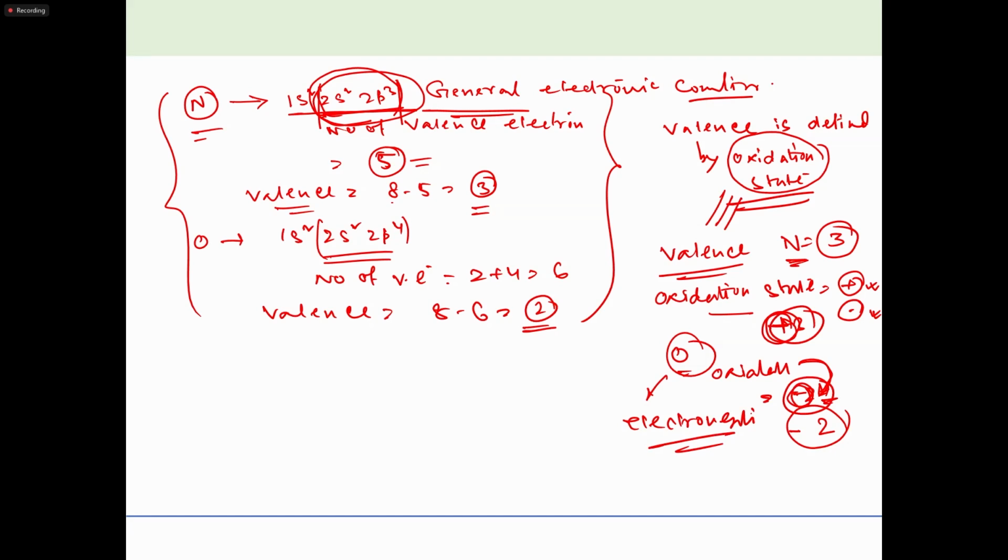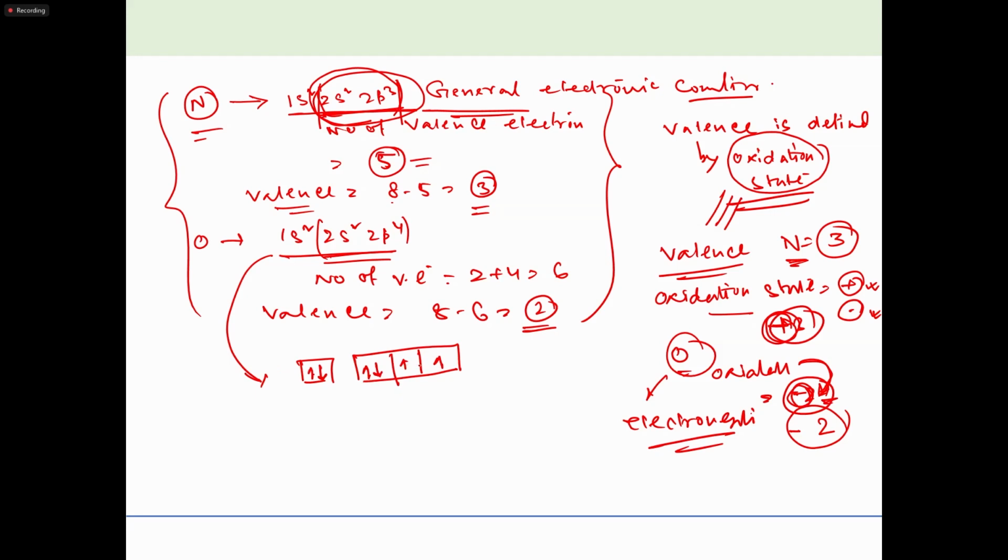There is a reason. If you see the electronic configuration, I am just writing here the valence electronic configuration. This is 2s2 and this is 2p4.